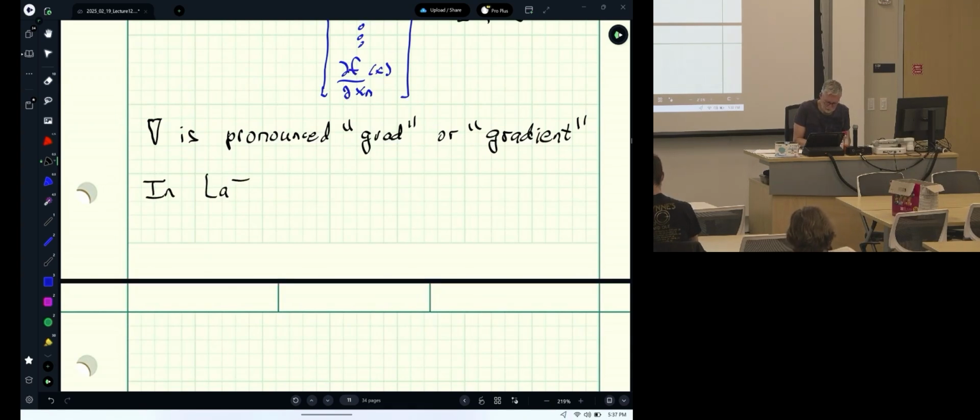If you're using LaTeX in Julia to make really fancy symbols, it's \nabla. I don't know where nabla comes from. I have no idea.